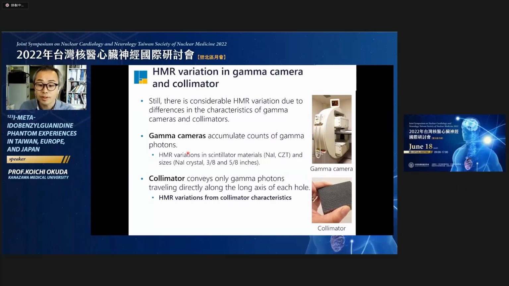HMR variation is caused by scintillator materials and material sizes. The collimator conveys only gamma photons traveling directly along the long axis of each collimator hole. HMR variations are also caused by collimator characteristics. I will talk about this HMR variation in the next slide.